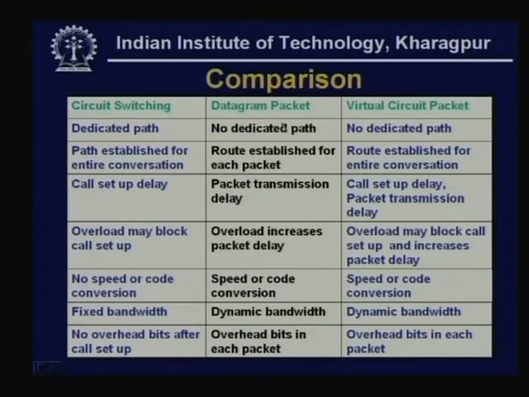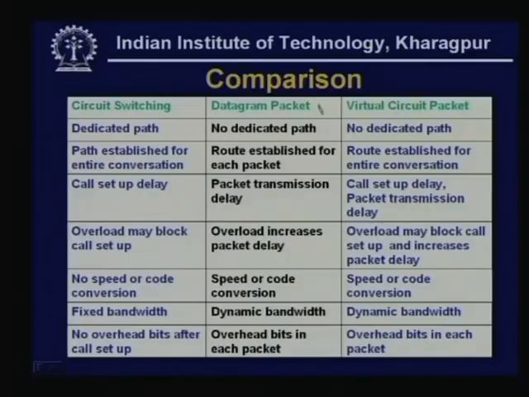On the other hand, in datagram packet switching, the route is established for each packet, since each packet is treated independently. As a result, the route is established for each packet separately, and in case of virtual circuit, the route is established for the entire conversation, that means for all the packets of the same message. So, these are the differences between these three.